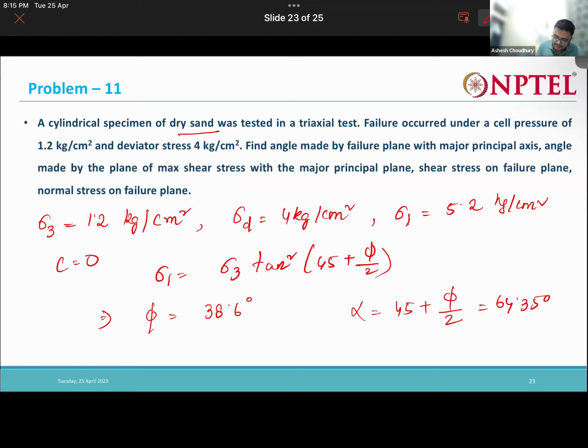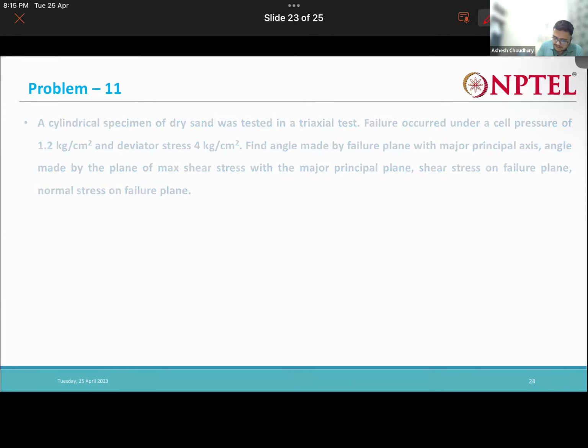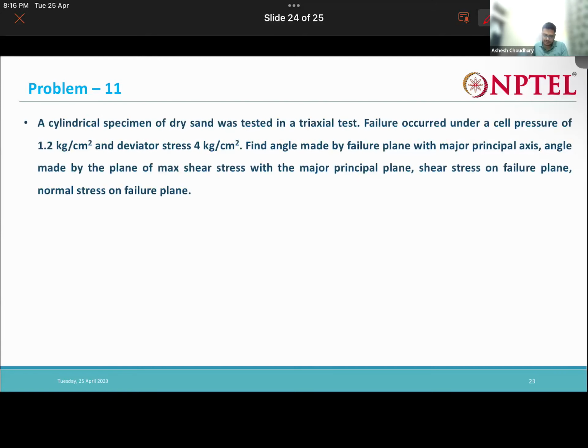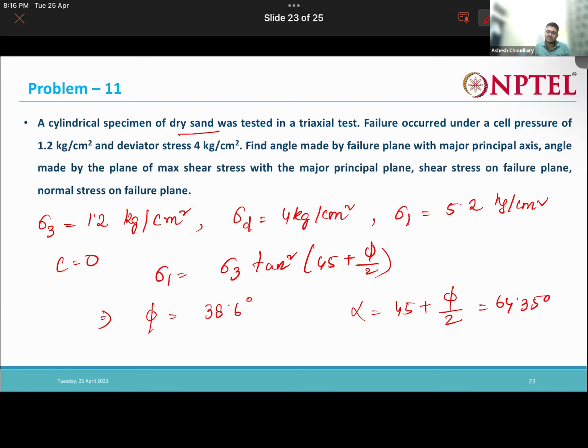So the angle made by the plane of maximum shear stress is this 45 degrees.